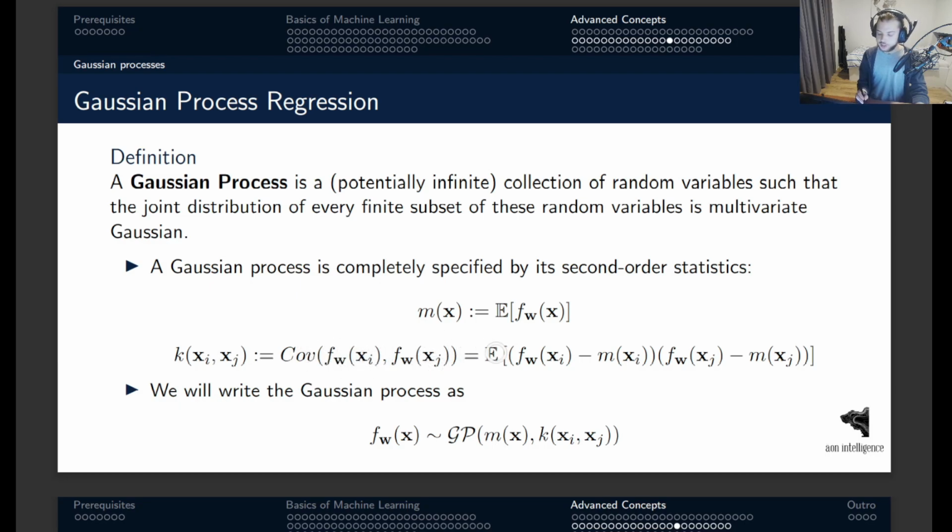And the covariance is defined as this expectation. So it's the expectation of the product of the realization of our prediction minus the expectation of our prediction for both observations xi and xj. So these are the parameters for our Gaussian process, and we will write the Gaussian process as follows. So this random variable, our prediction given the input x, is drawn from the Gaussian process gp and is parameterized by this mean function m and the kernel function k.